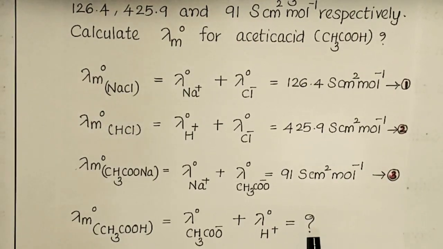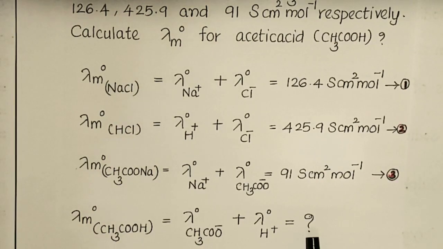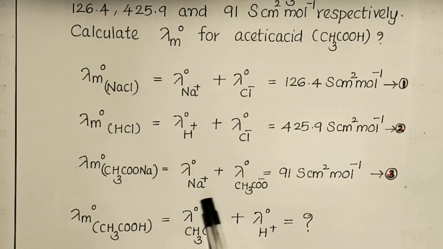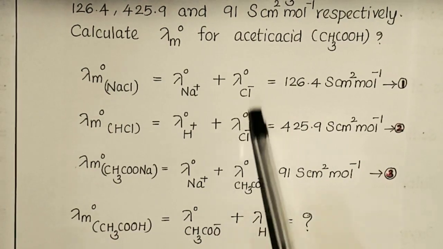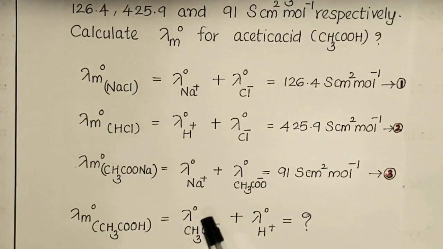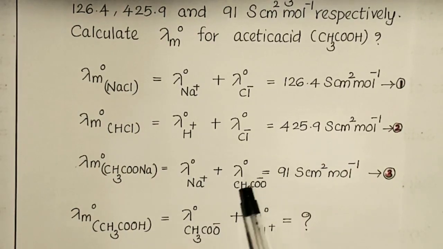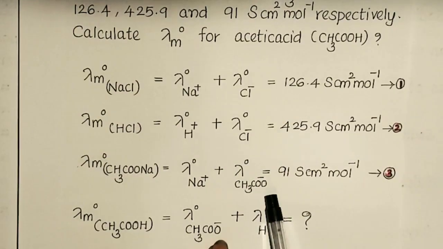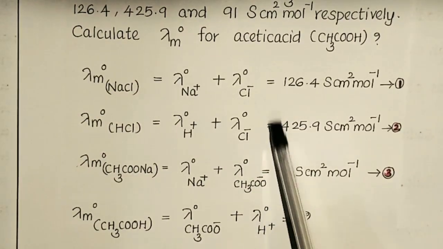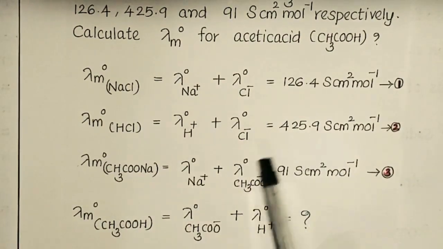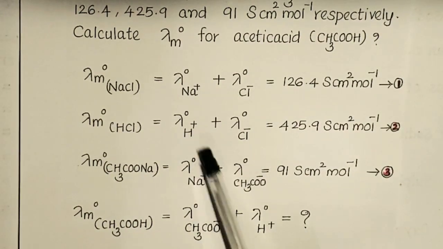In such types of problems, first you should identify in which equations the values of lambda 0 of acetate are present. This lambda 0 of acetate is present in the third equation. And in which equation is lambda 0 of H+ present? The second equation.